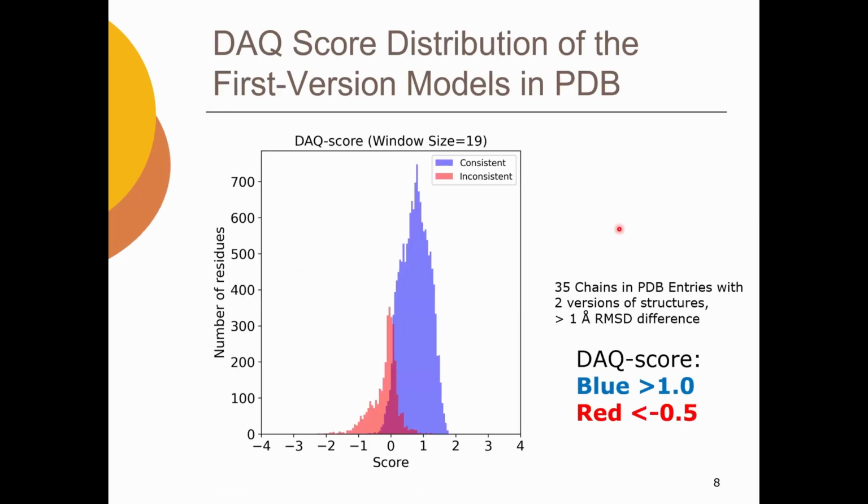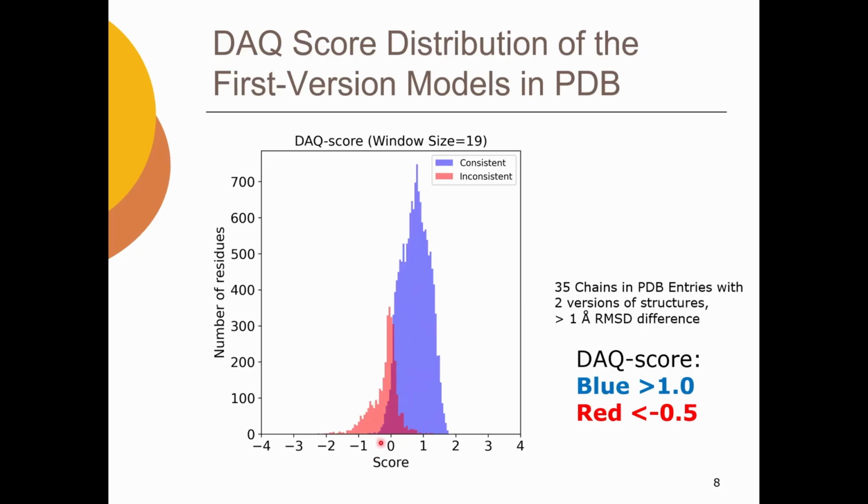Now here is the overall distribution. This is a distribution of amino acid residues which we believe are wrongly placed, in red, and those probably correctly placed. If the residues are placed in the wrong place, shifted, the overall score distribution goes mostly to negative. The blue is the one which the authors of the PDB entry didn't think were wrong.